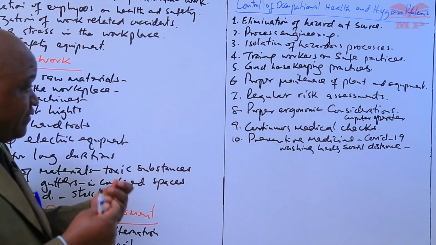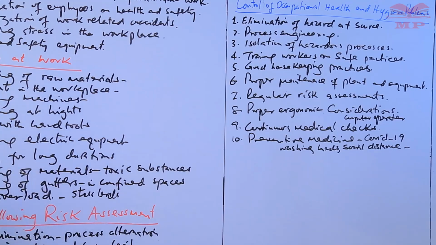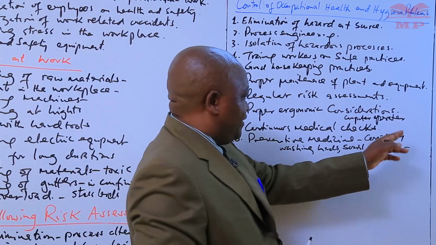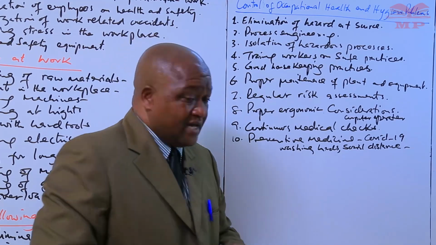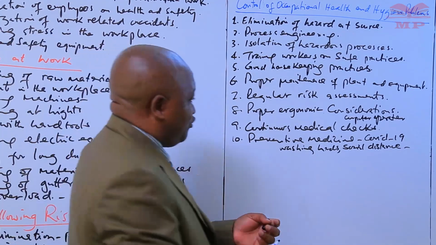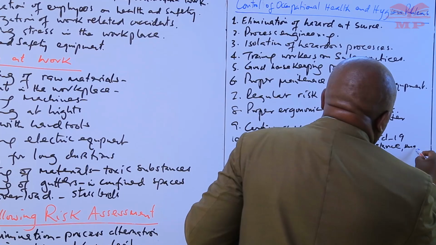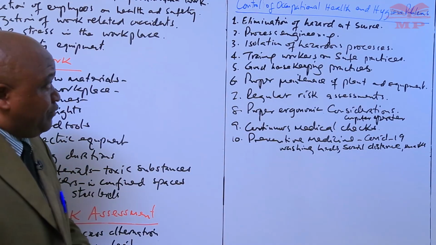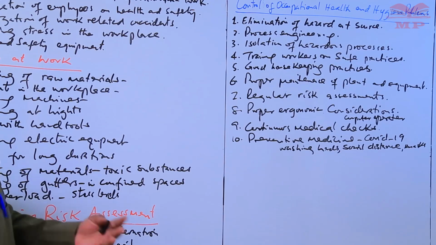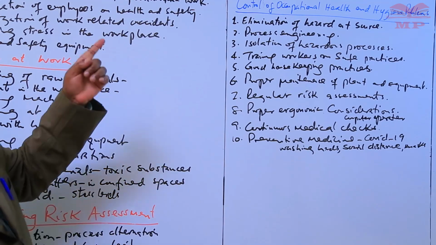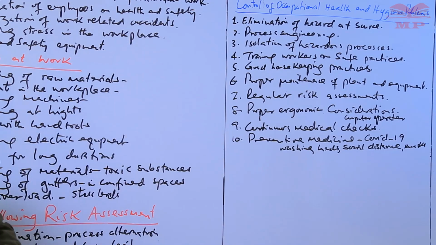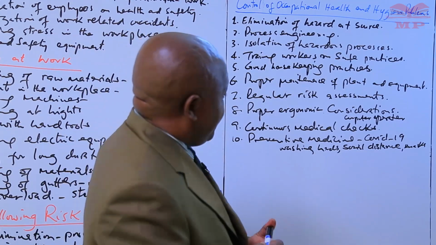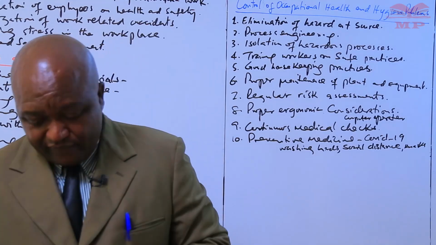So these ones are preventive medicine intervention measures that can be able to help workers avoid chances of getting COVID-19 through washing hands, maintaining social distance, also putting on masks properly. So that helps in ensuring that workers within the work environment can control occupational health and hygiene problems to minimize exposure to risks that may arise within the work environment.